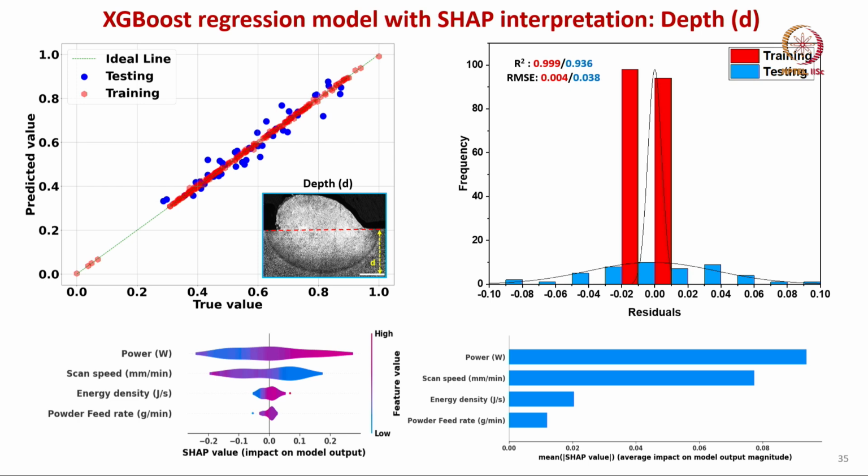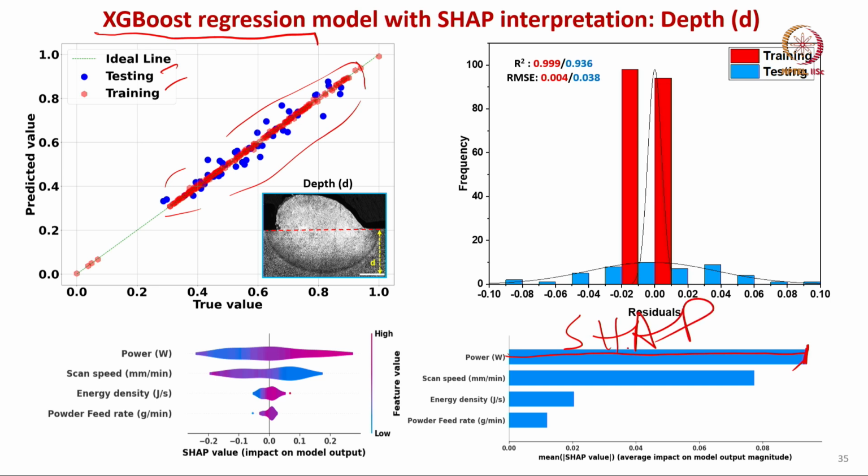The case for the depth is different: it is a different kind of regression model that we have used, which gives us more confidence in the performance metrics, called XGBoost. In the case of XGBoost, the testing and training data sets are dispersed very close. One of the important things we found in the case of depth, which is quite arguably correct, is that power has much more impact as per the SHAP analysis compared to scan speed.